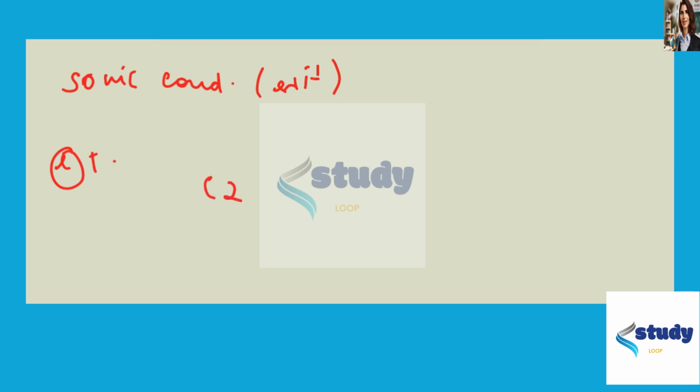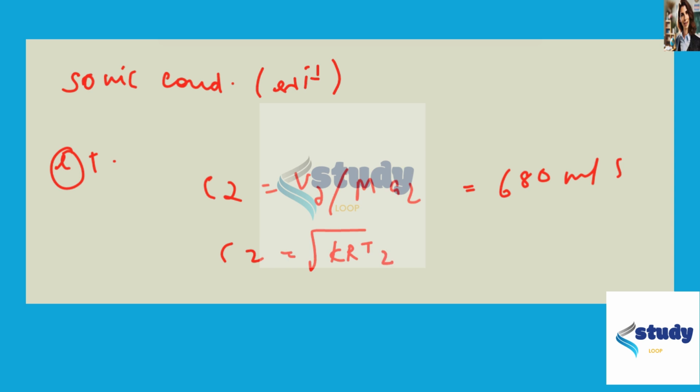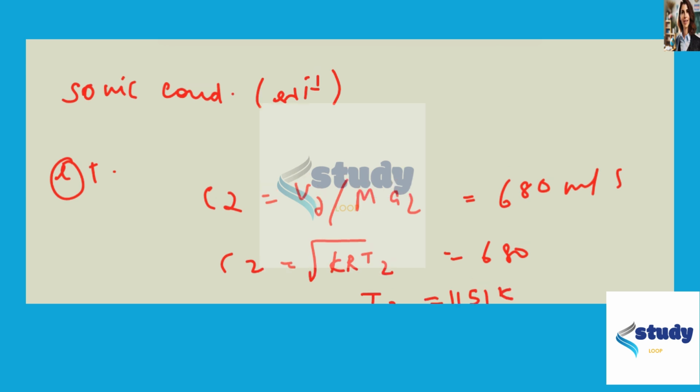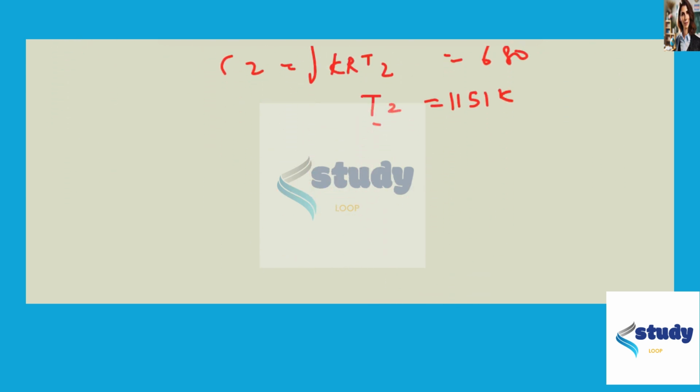With the formula C2 equals V2 upon Ma2, which equals 680 meter per second. So C2 here is equal to root of kRT2, and that is equal to 680, right? So from here we find that T2 is 1151 K. This is the exit temperature, 1151 K. This is the first thing that we require.